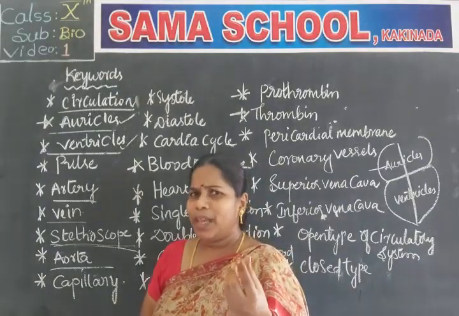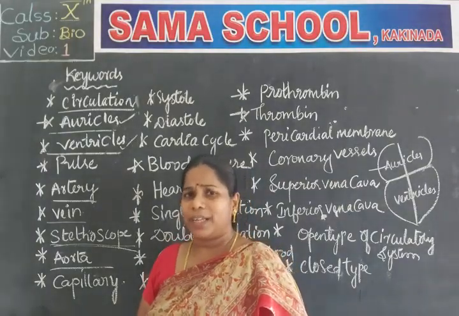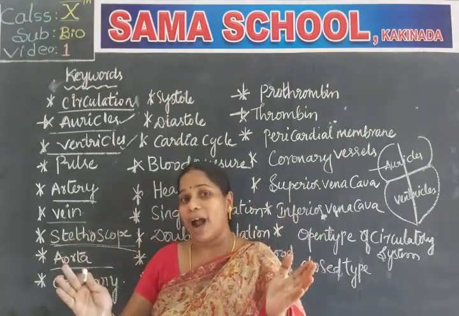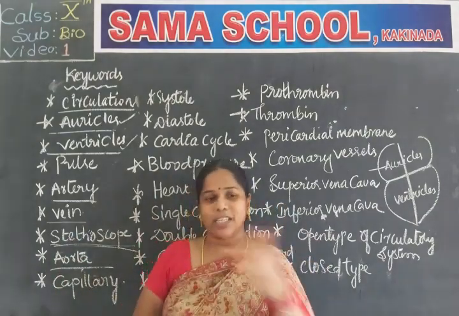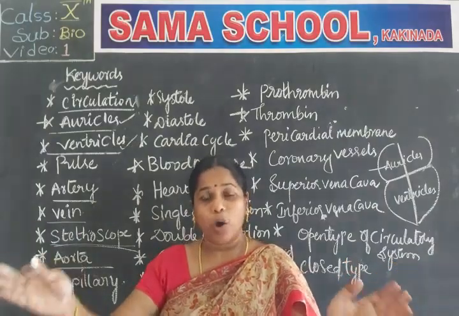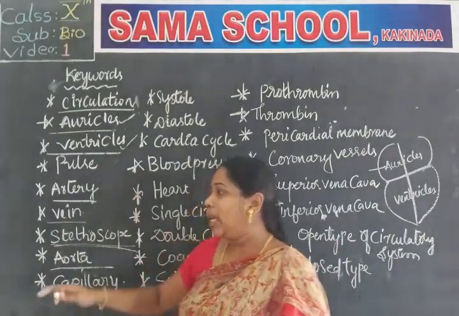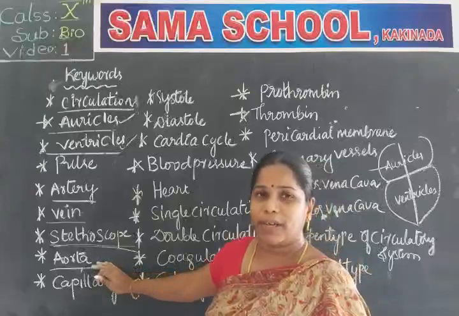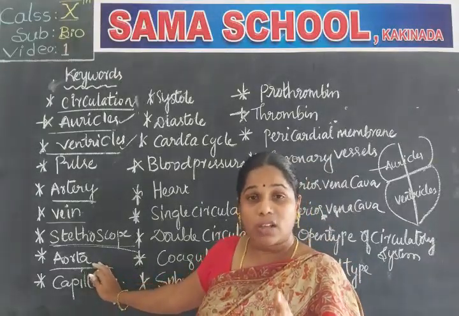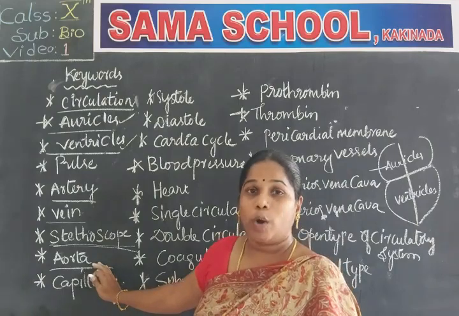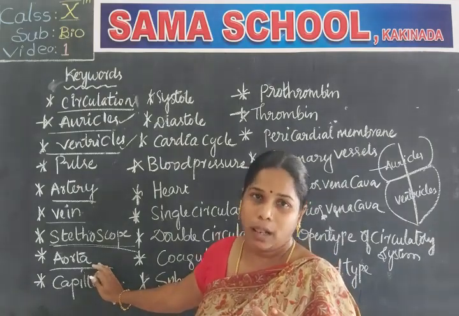You said only ventricle, left ventricle. When you divide the heart into 4 parts, vertically the heart divides into right and left. So from the left ventricle, the aorta is a vessel which arises and carries the oxygenated blood. Aorta means a very big vessel.